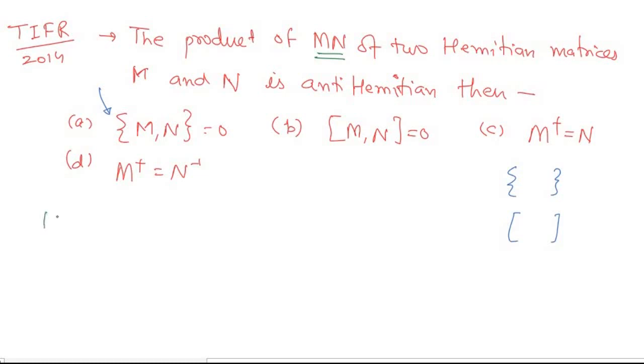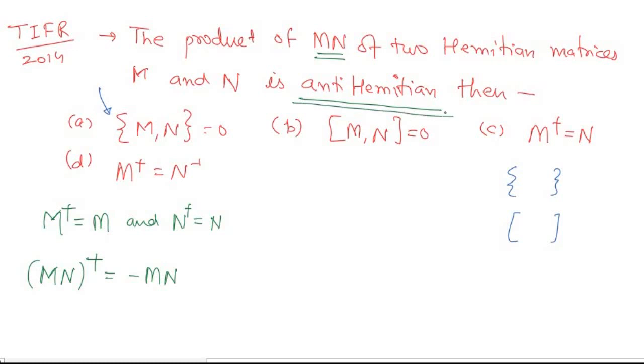So M and N are Hermitian matrices, then M dagger is equal to M and N dagger is equal to N. That is given by the statement in the question. Now, the dagger of MN is equal to minus MN, because it is given the product is anti-Hermitian. Let us solve this part.